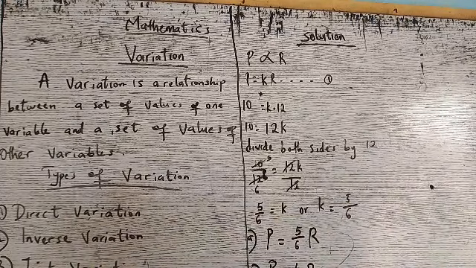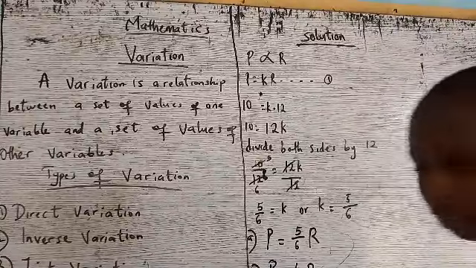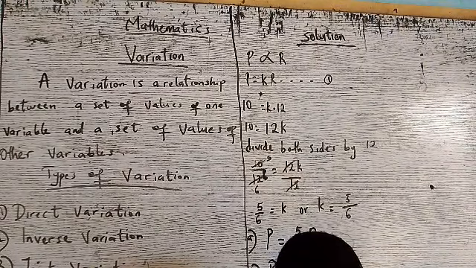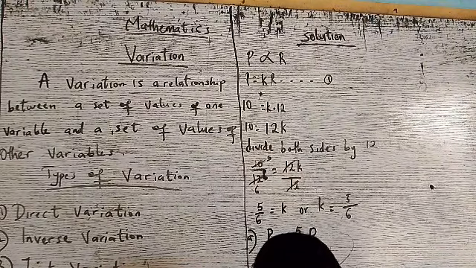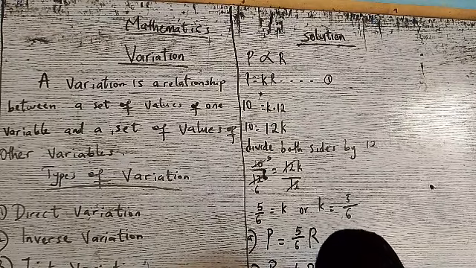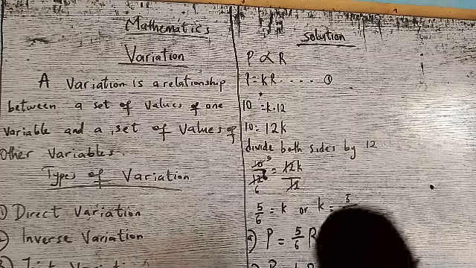We are looking for the value of r, so we divide both sides by 5. 5r over 5 equals 36 over 5. So that 5 will cross out 5. Then my r equals 36 over 5.